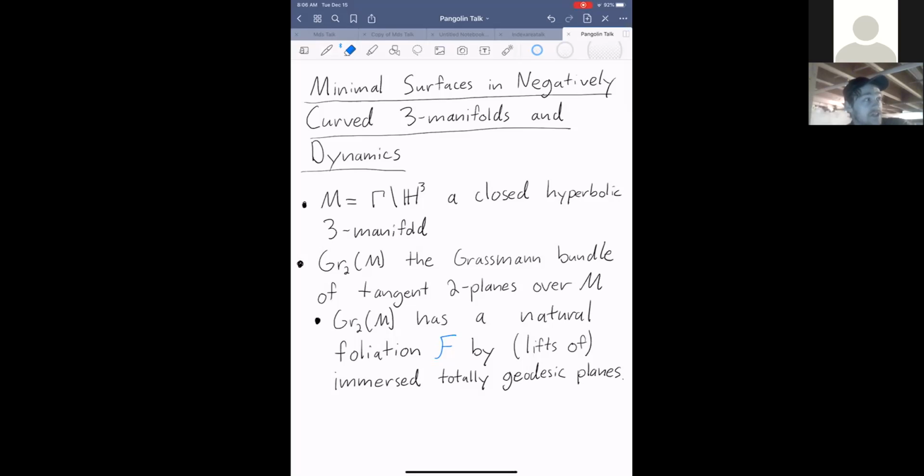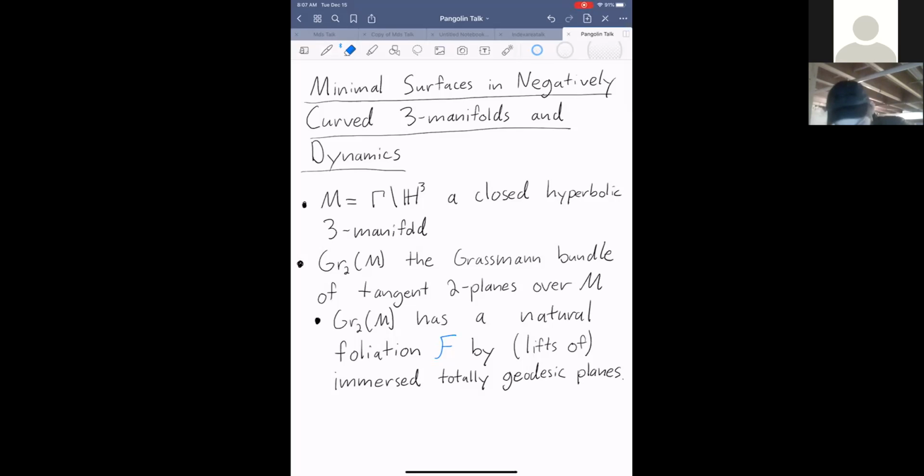Geodesics are one-dimensional minimal surfaces. Minimal surfaces in higher dimensions are definitely much more variational objects. But this talk is going to be about how looking at minimal surfaces from a dynamical perspective can also be fruitful and interesting in a very special restricted setting. But I'll get into it.